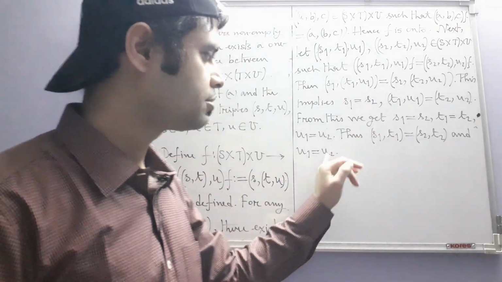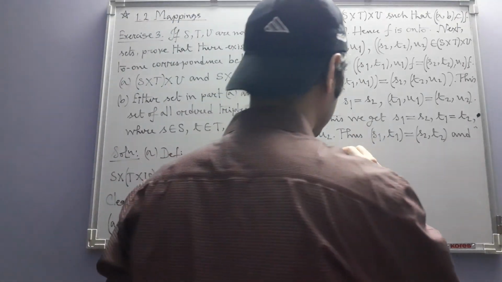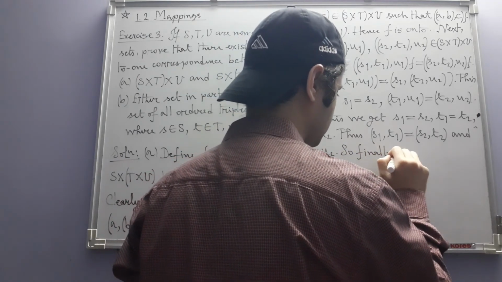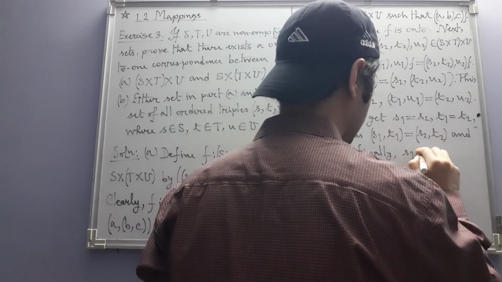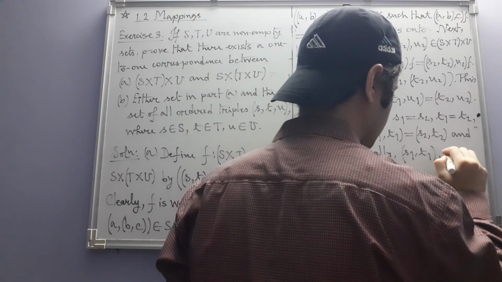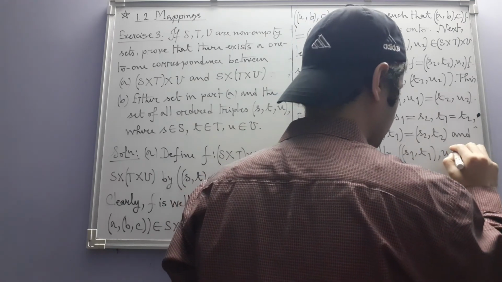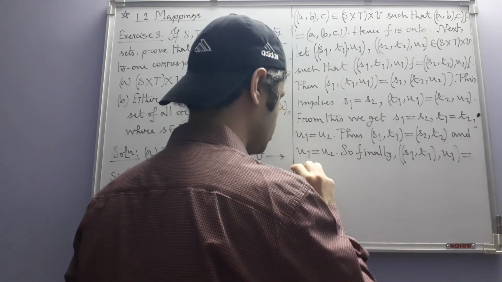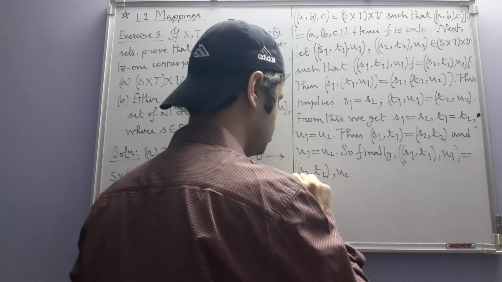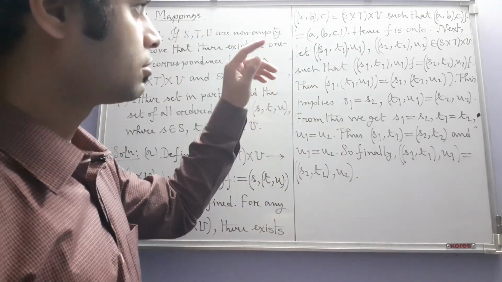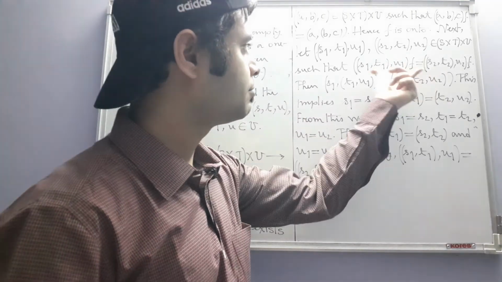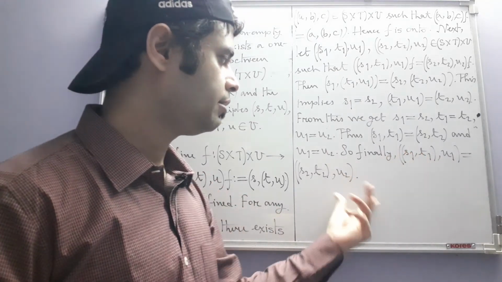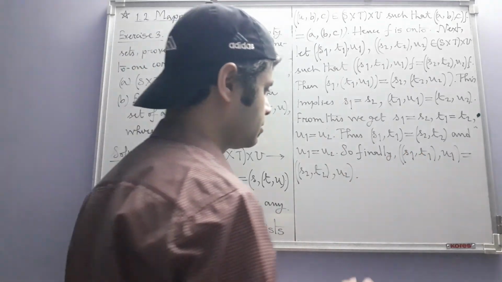And then again from these two equations, finally we can write (s1, t1, u1) is equal to (s2, t2, u2). So the assumption that the images of these two elements are equal led us to conclude that the elements themselves are equal. So that's why F is 1 to 1.